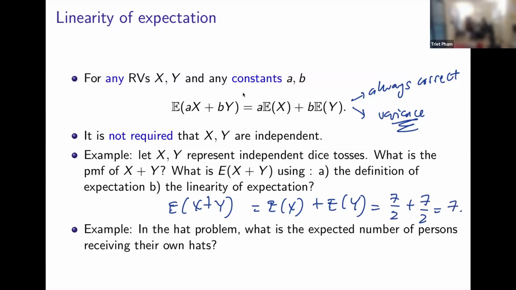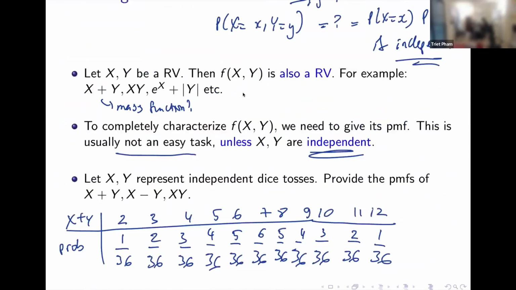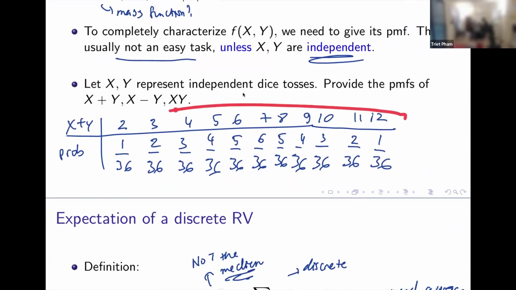Okay, that's approach B. Notice it's so quick. What about approach A? Approach A would require you to reference this table, because that's the table of the distribution of x plus y. And this times this, plus this times this, plus this times this, and so on. If you do all that, you will get 7.